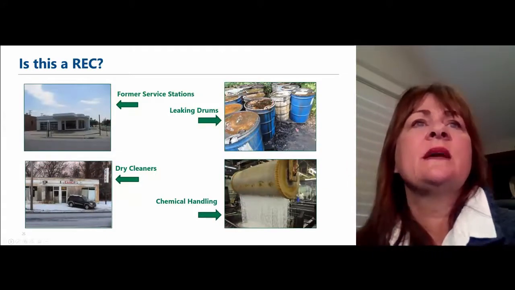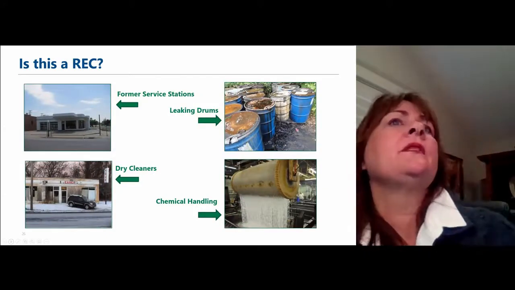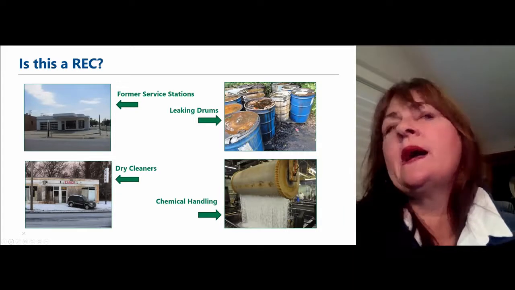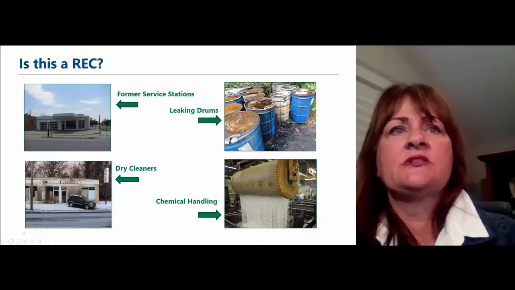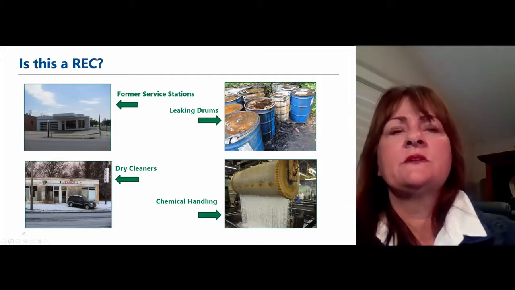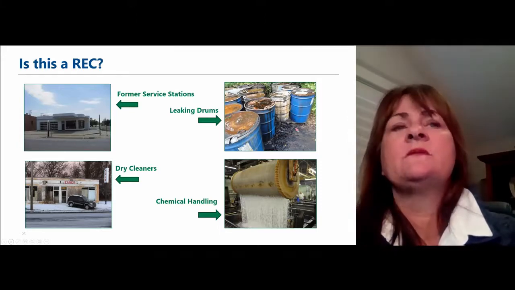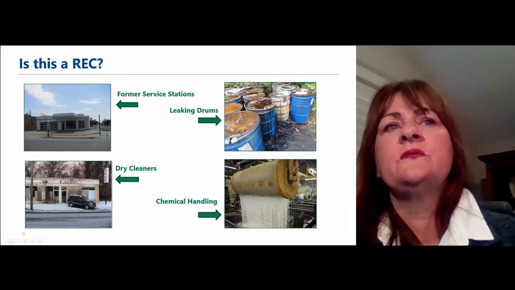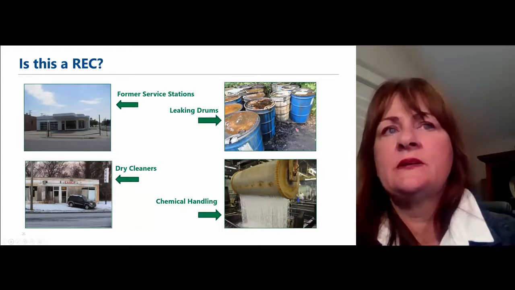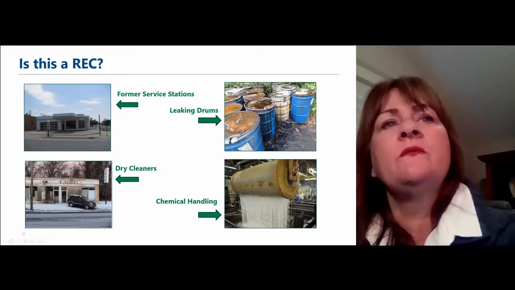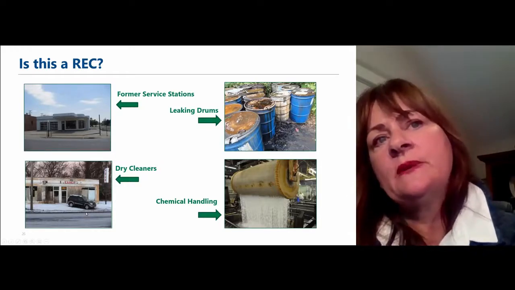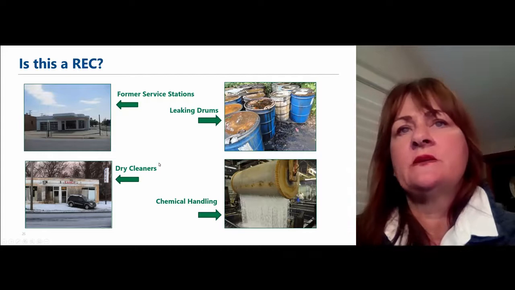And then here are some other examples that I pulled together just to demonstrate, what is a REC? Well, former service stations could be a recognized environmental condition. Either the tanks are still in the ground or they're removed, it doesn't matter. Even if they're removed and the site was cleaned up 20 years ago, would that cleanup still meet today's cleanup standards?